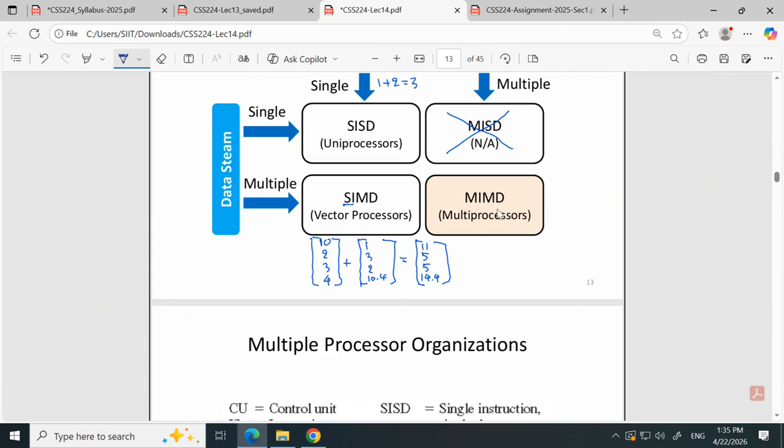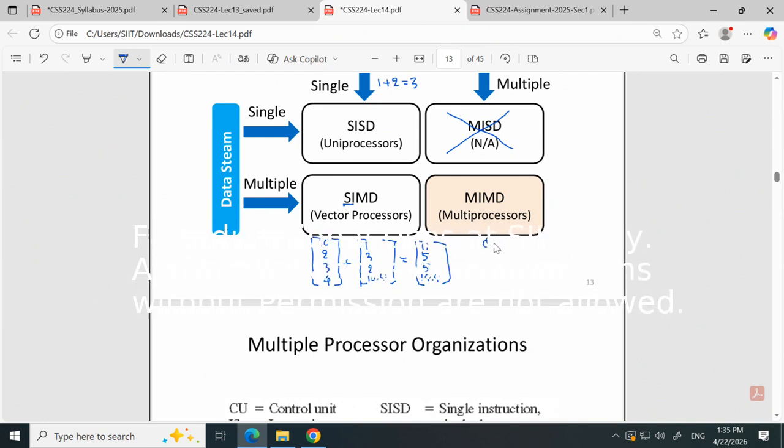How about this guy? Multiple instructions, multiple data stream. Okay, more than one instruction, right? And more than one set of data for this guy. And this is what we are talking about in this lecture, multiprocessor or multi-cores. We have more than one CPU.